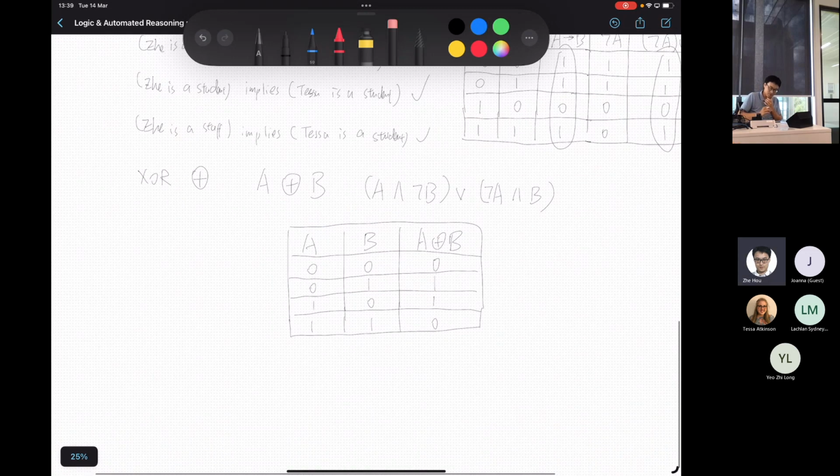Essentially the minimal set of things you need is really small. I think the core set is only false and implication. These are the only two things you need, and then you can derive everything else.